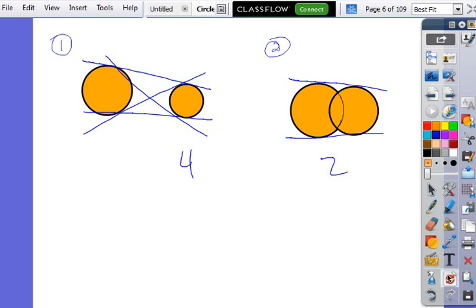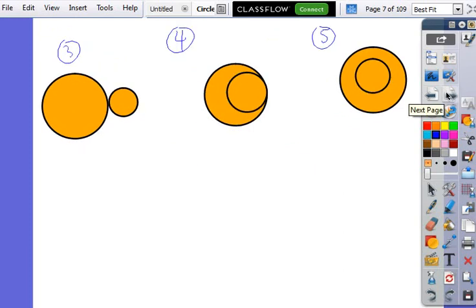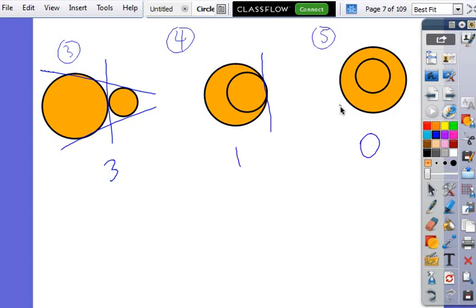Number 3, how many common tangents? 2 external, and 3 if we go in the middle. Number 4 is 1 because I've got the outside right here. Number 5 is 0, because if I draw a tangent for the inside circle, I hit the outside circle 2 times. So make sure you can identify how many common tangents we've got.